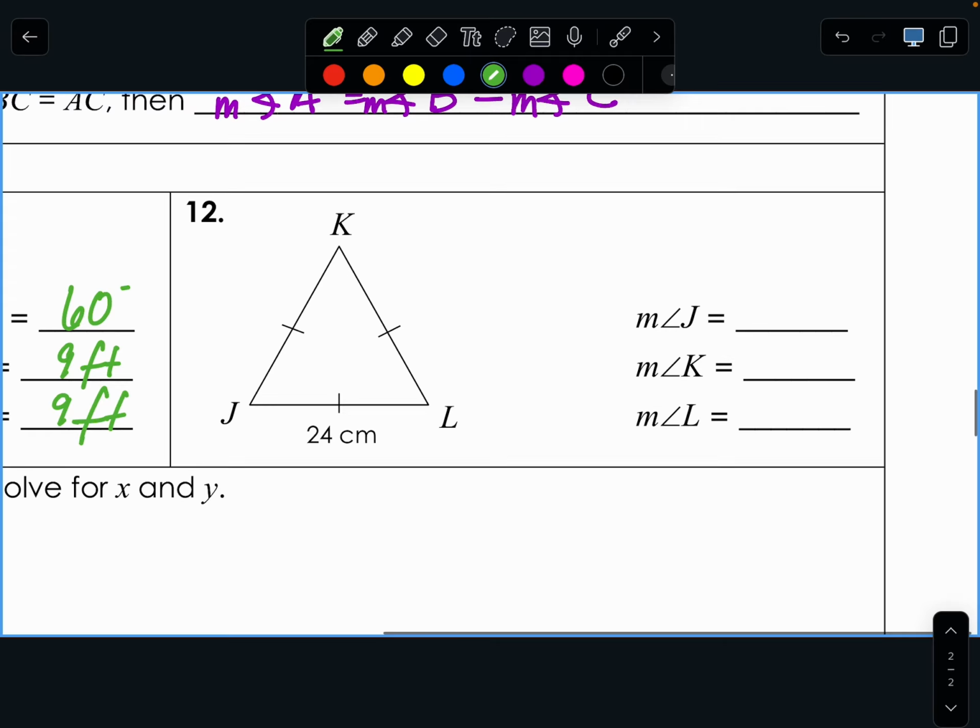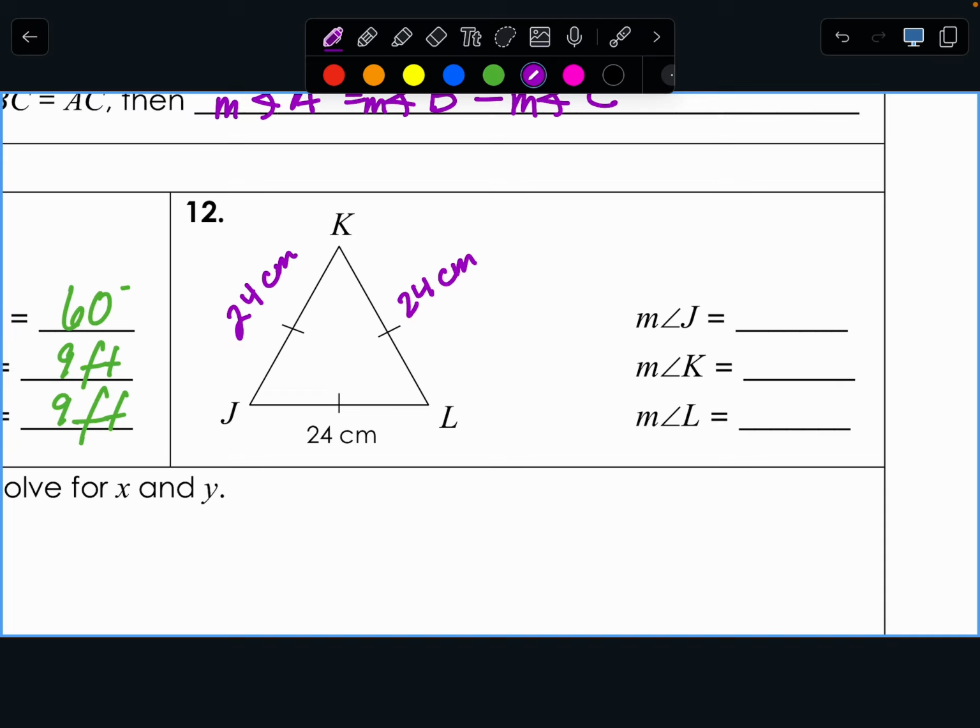All right. Let's look at number 12. So first let's look at the 24. The 24 tells me that one side is 24. So what are the other 2 sides? 24, super easy. How am I supposed to figure out what the angles are if I don't have any angles?